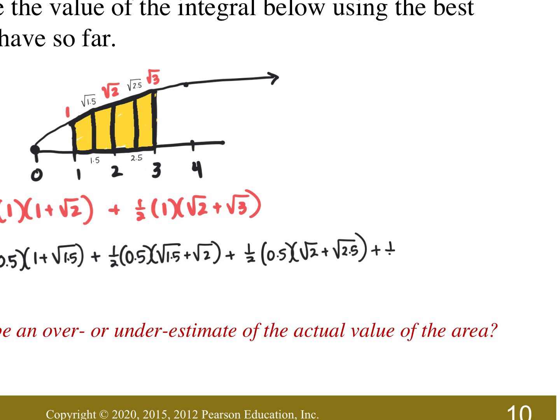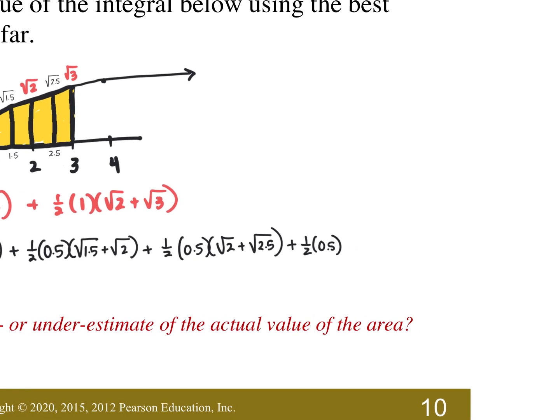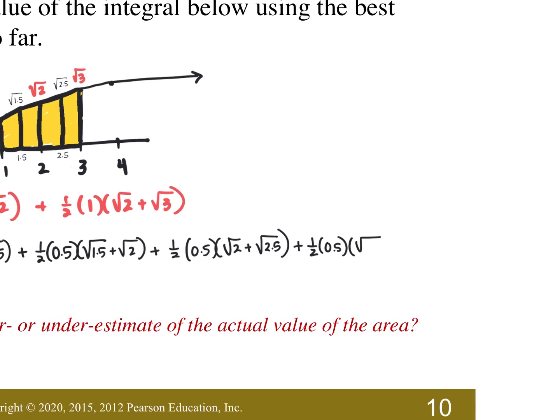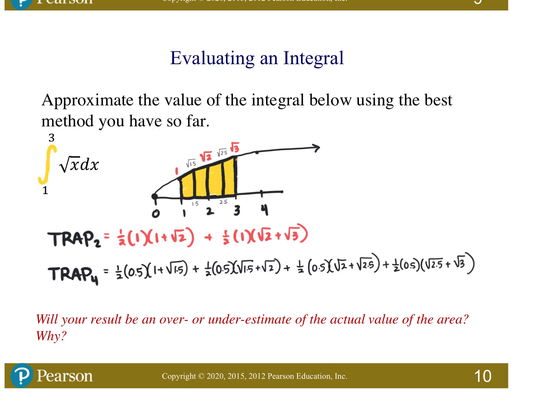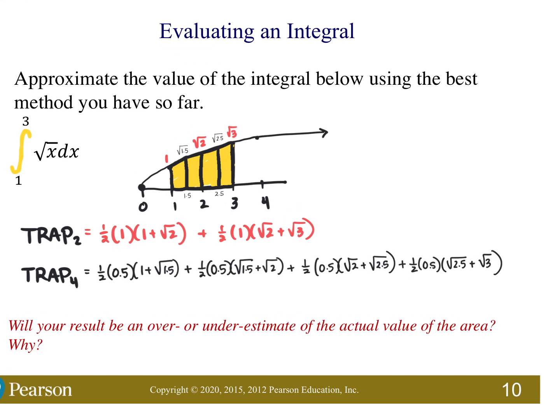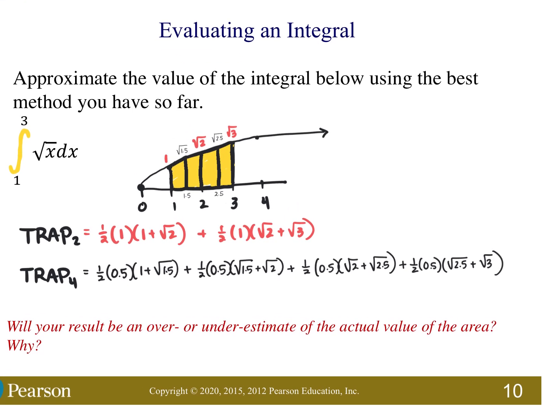And my last trapezoid, my T4, would have a base of 0.5 and be square root 2.5 plus square root 3. Then you use your calculator to evaluate that. That will give you an even more accurate result.